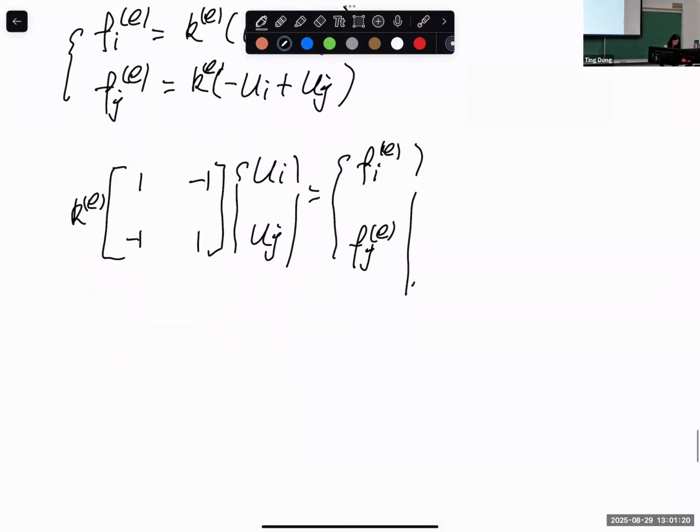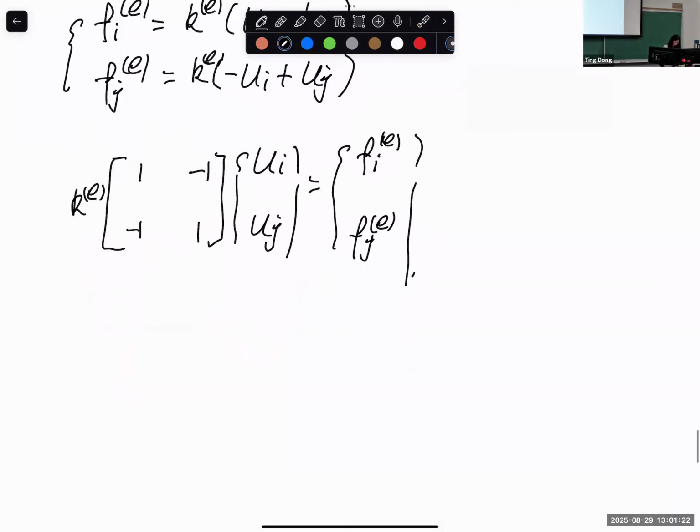Now, let's write this one down. In general, this is the element equilibrium equation.